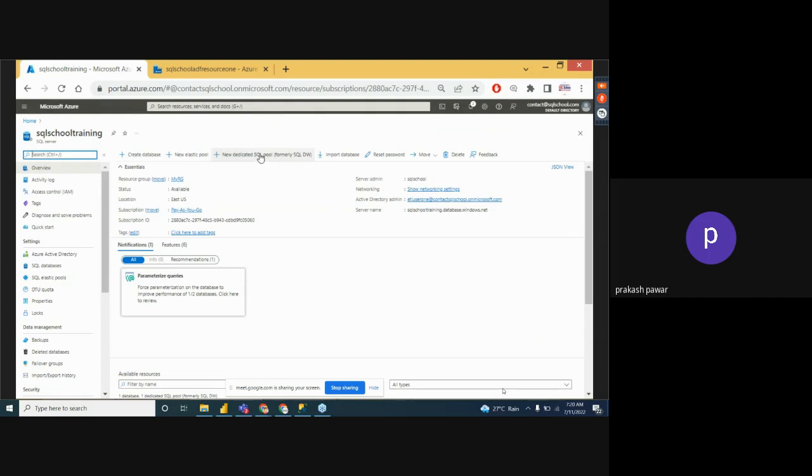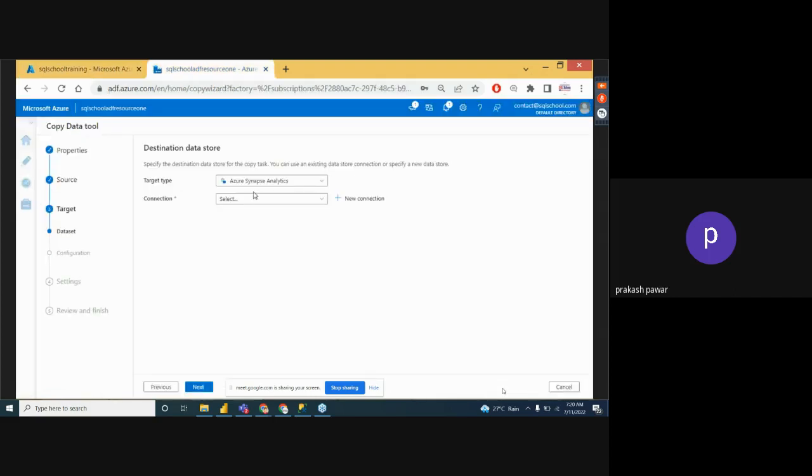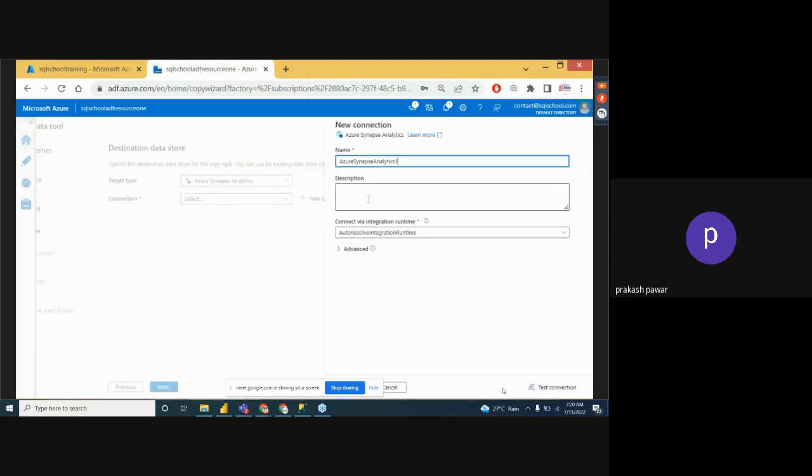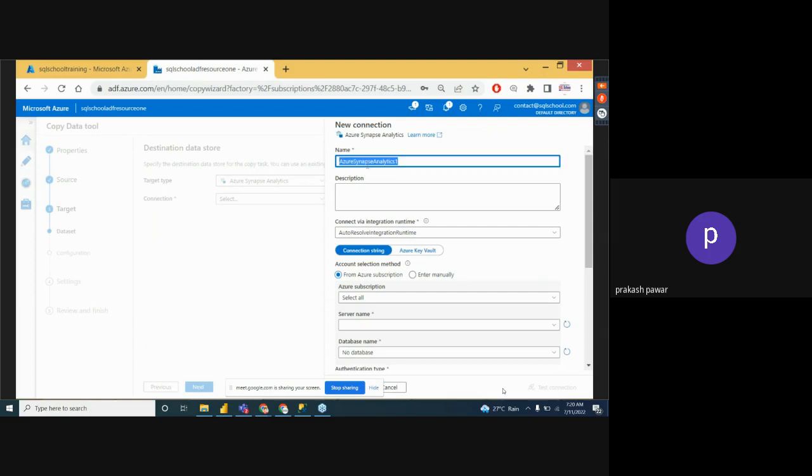Remember this, dedicated SQL pool. Yes, that SQL pool in SQL server is taken as Synapse in Databricks. Are we getting it? New connection.